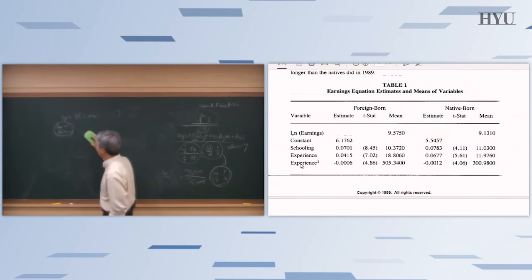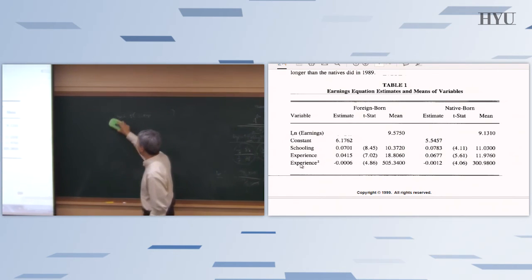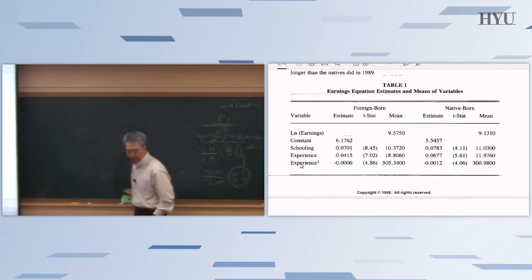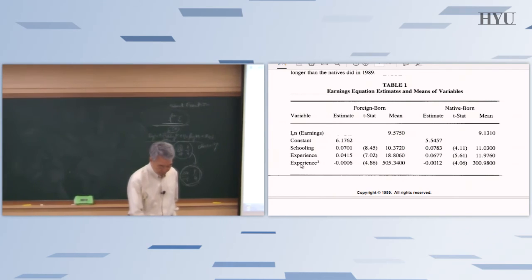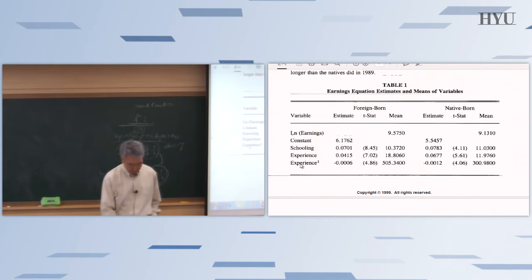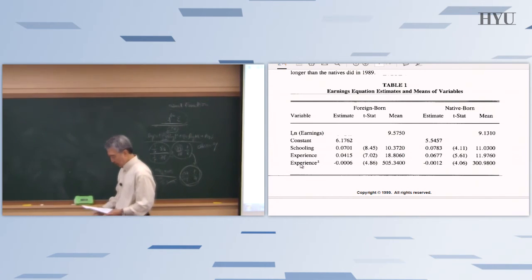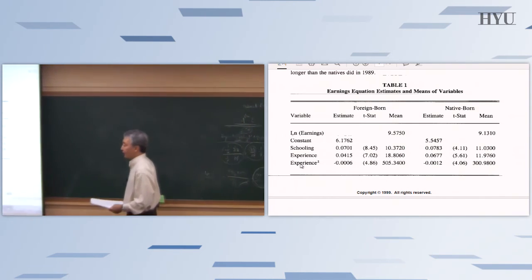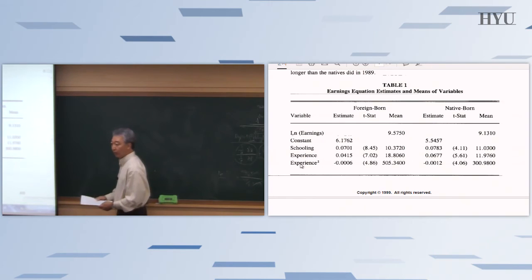So what happens when you take a log of the dependent variable and use just the level numbers for the independent variable? Actually, this is a separate, completely new model.